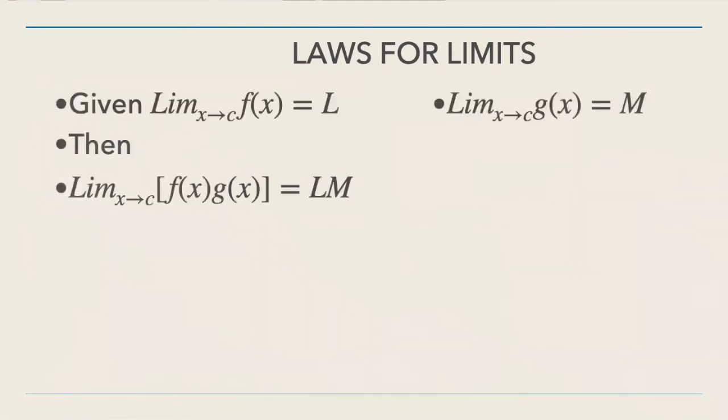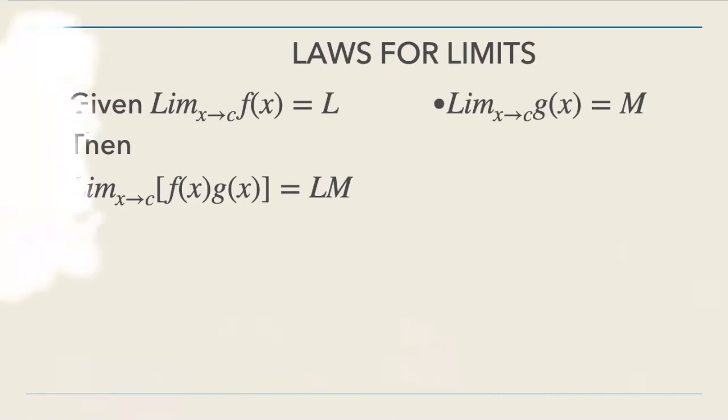Now we also have, when we have two functions and we multiply them, so we have the limit as x tends to c for f of x is L, and the limit as x tends to c for g of x is M. When we multiply, the limit of f of x times g of x is equal to multiplying the limit of each function.